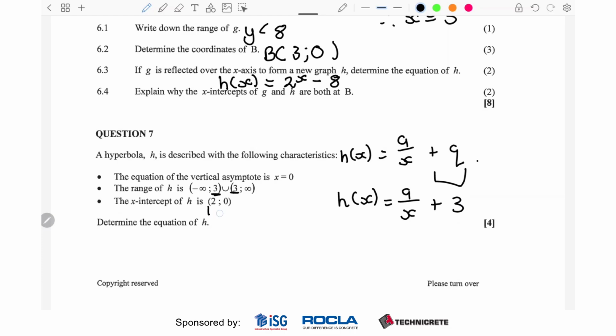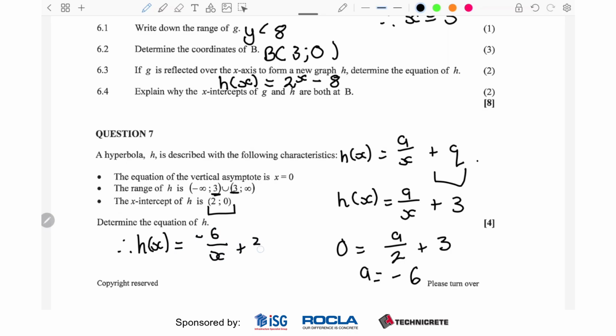Now we know the x-intercept is (2, 0). So let's substitute that point in to get the value of a. So 0 is equal to a over 2 plus 3. And let's solve for a. That will ultimately give us a value of negative 6. Therefore, we have our equation. h of x is equal to negative 6 over x plus 3.